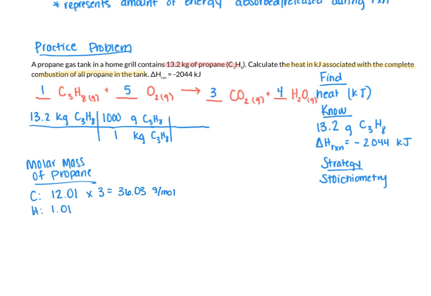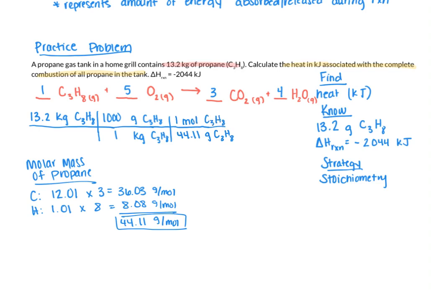Hydrogen is 1.01 times 8 to give us 8.08 grams per mole. And the total should be 44.11 grams per mole, and that is going to be our molar mass of propane. So we want our grams to cancel, so grams has to go on the bottom, so that'll be 44.11 grams of C3H8 for every 1 mole of C3H8.